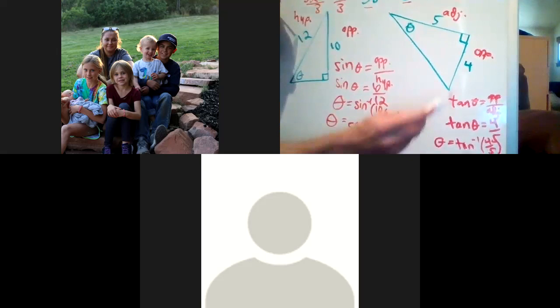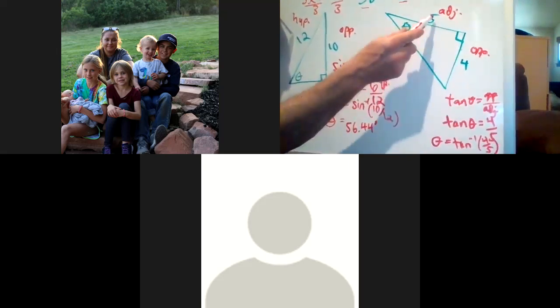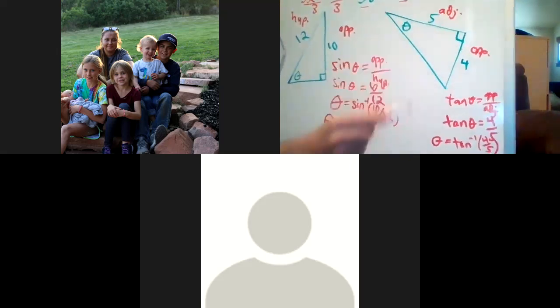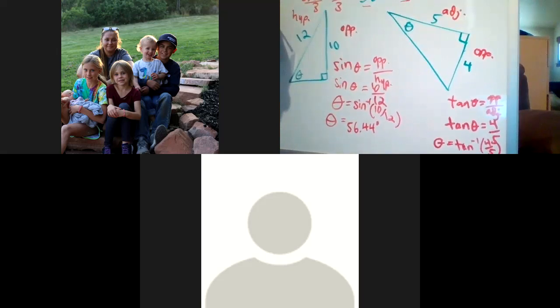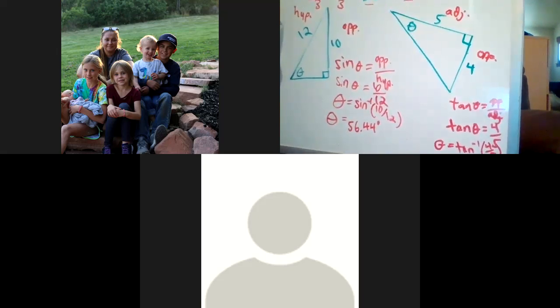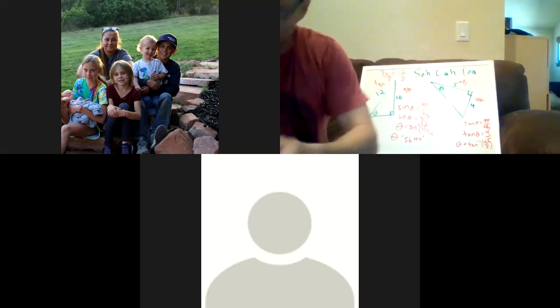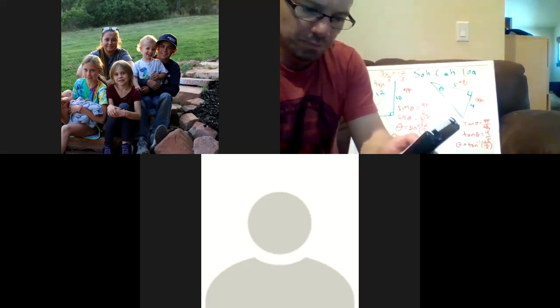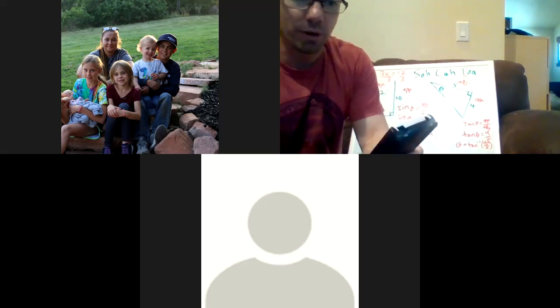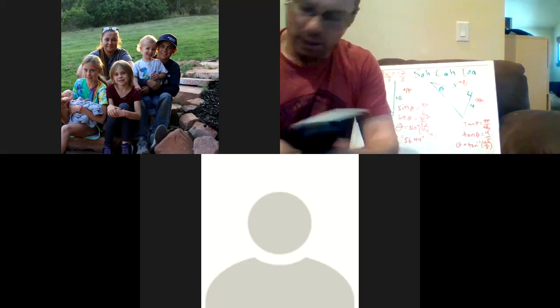But they're not both 5. My opposite side's a little bit less than the adjacent side, which means theta should end up being a little bit less than 45 degrees. So we'll type in tan inverse of 4 over 5. And like we suspected, a little under 45. I got 38.66 degrees.